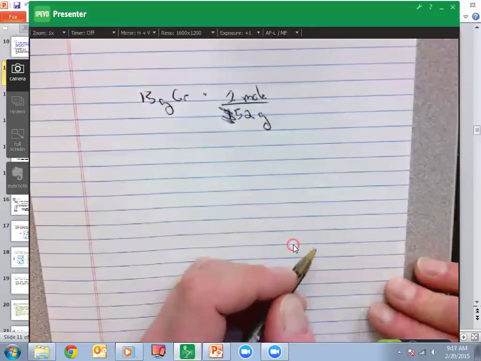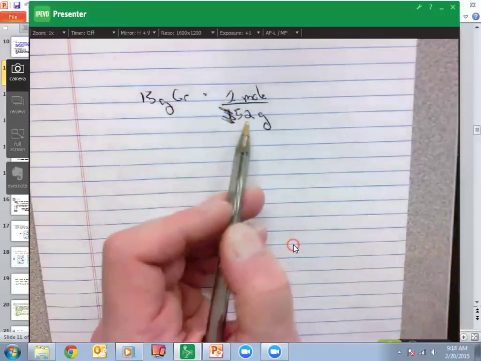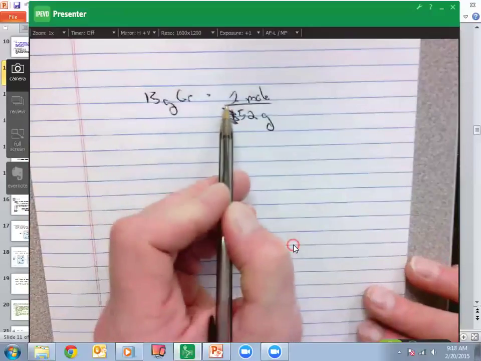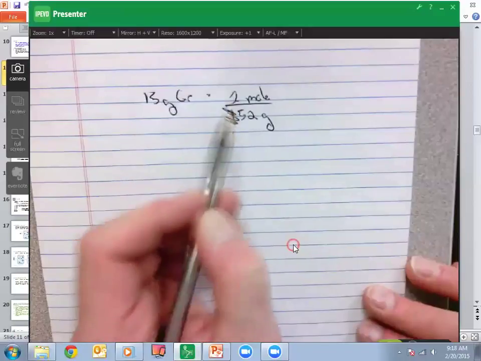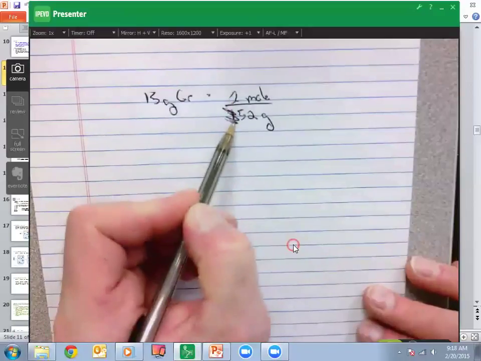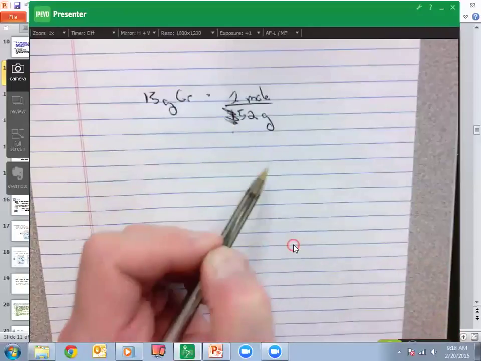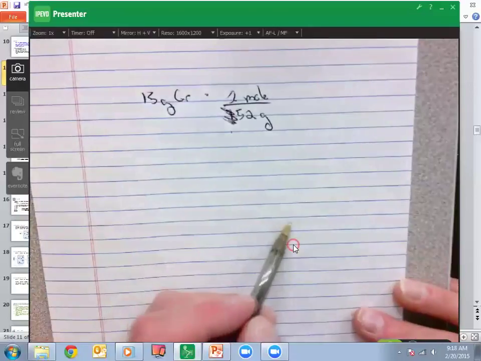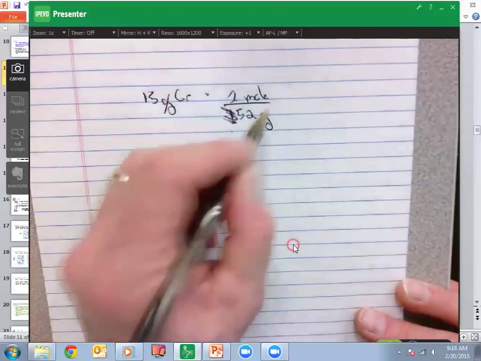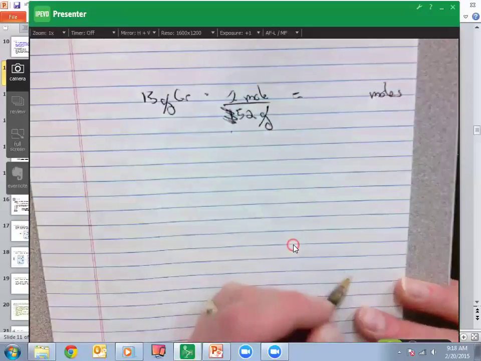So it does equal 1 mole, but it's a little better to say per mole we have 52 grams. So a fraction is 1 mole per 52 grams. An equivalent and reciprocal ratio is 52 grams per 1 mole. And that second one is the molar mass. Notice that our units cancel and we're given units of moles. That's critical.